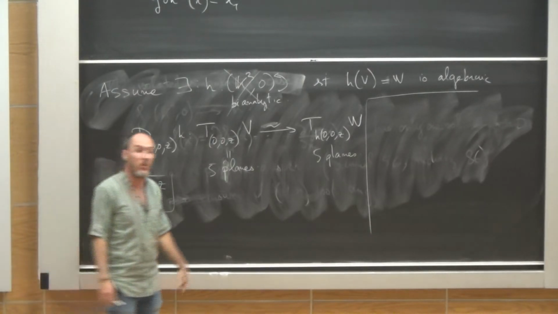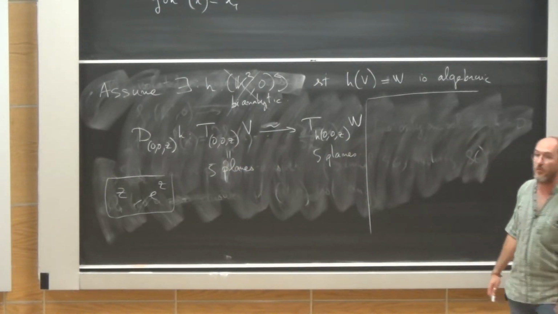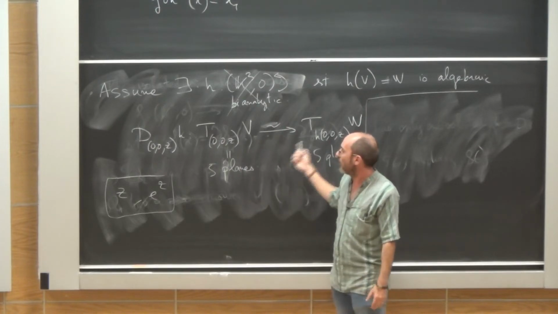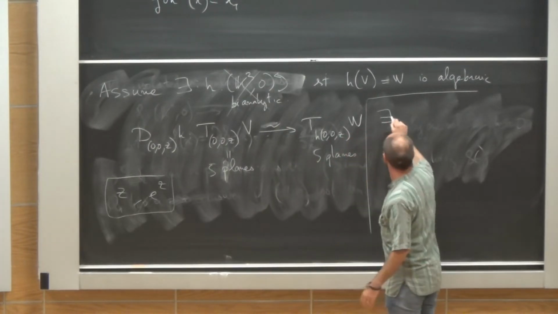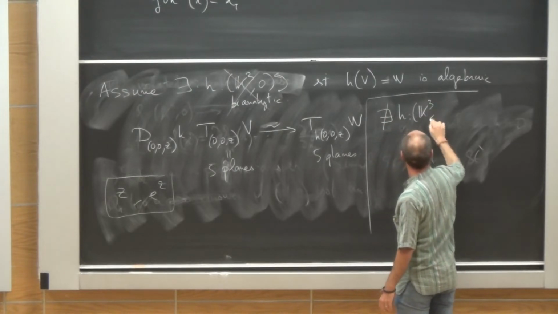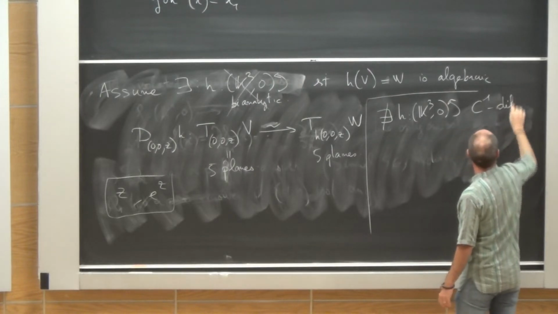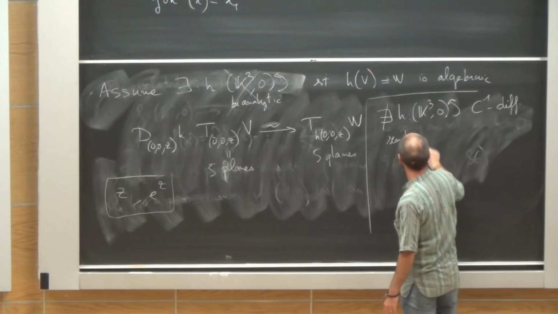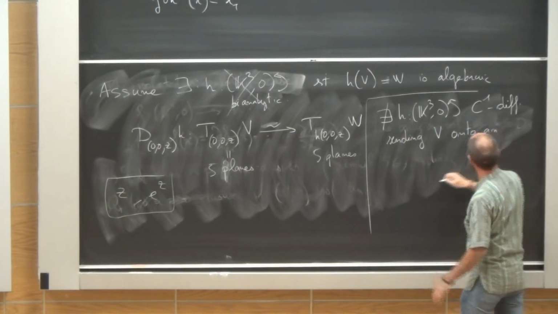I mean, we cannot transform V into an algebraic set by a C1 diffeomorphism, because the C1 diffeomorphism induces also an isomorphism like this between the tangent spaces. Okay? So there does not exist H, a germ of C1 diffeomorphism, sending V onto an algebraic set.